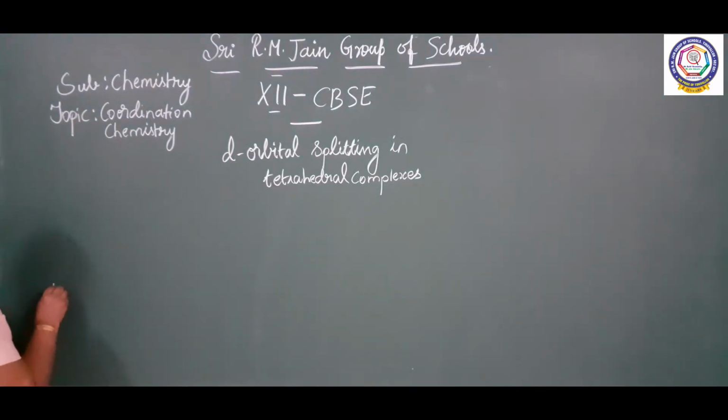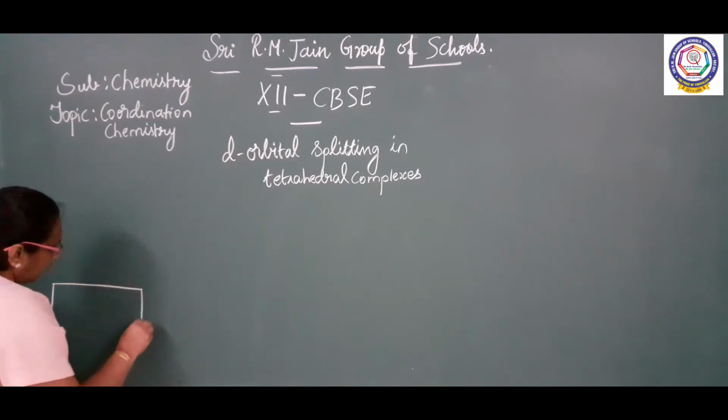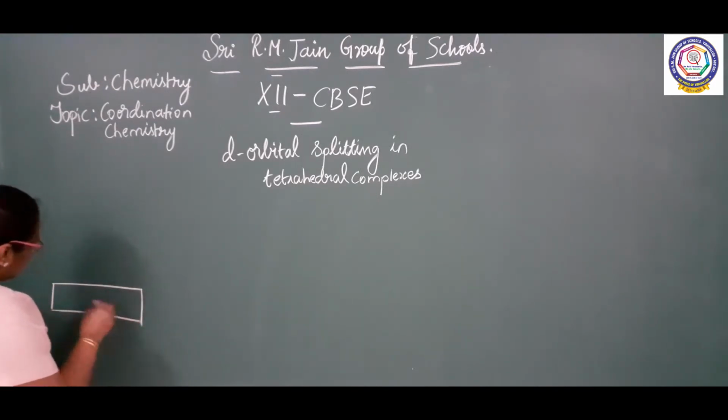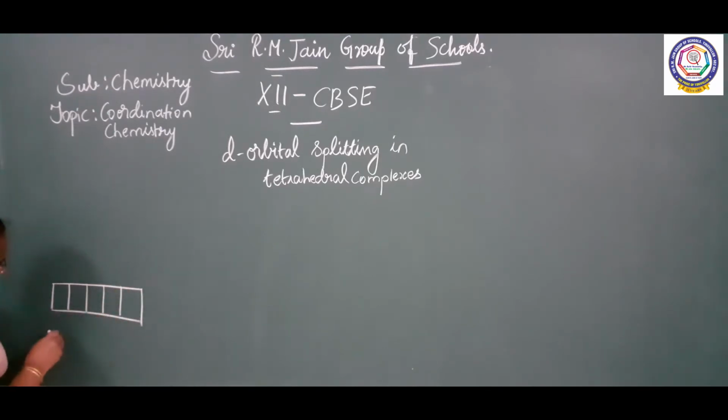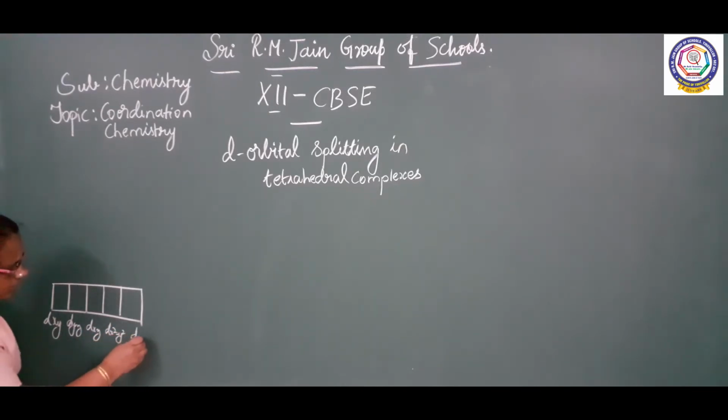The first one, there are totally 5 d orbitals, which are designated as dxy, dyz, dxz, dx square minus y square and dz square.